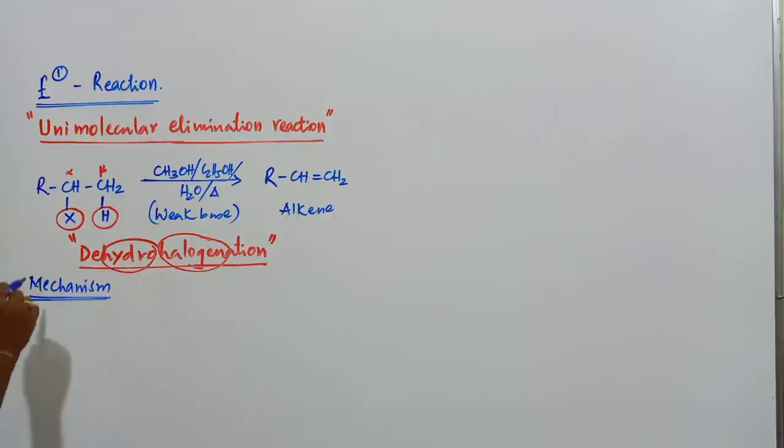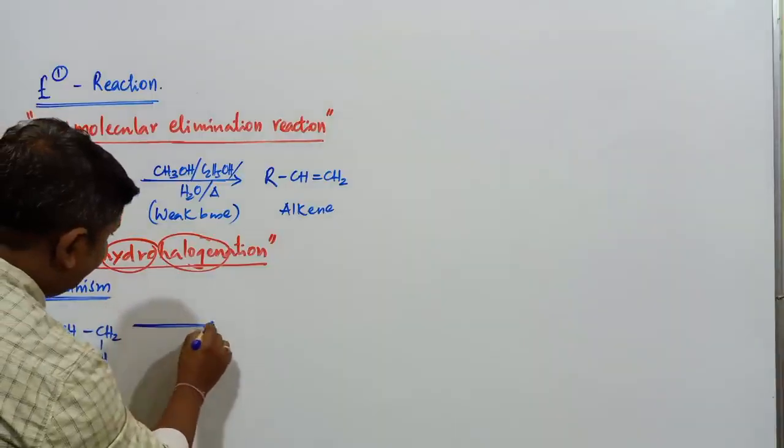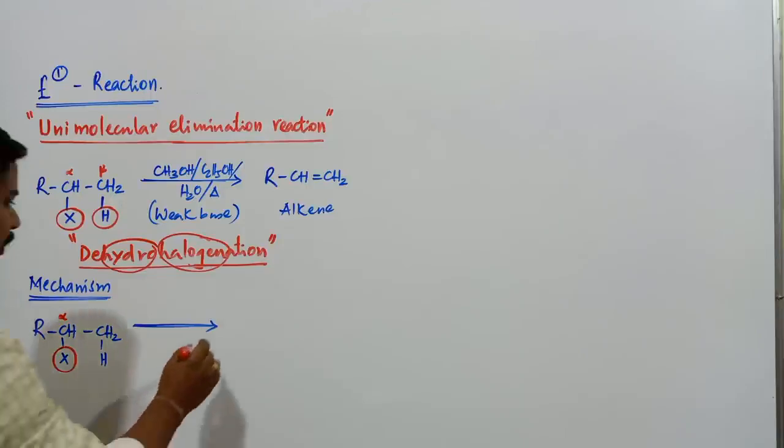So first I will go with the molecule, the same example I will consider. This is CH2, now this is X and this is hydrogen. Instead of writing this, you can write collectively CH3 as it is. So in the first step, what happens? The formation of carbocation takes place because of elimination of this halogen. From this alpha carbon atom, elimination of the halogen takes place.